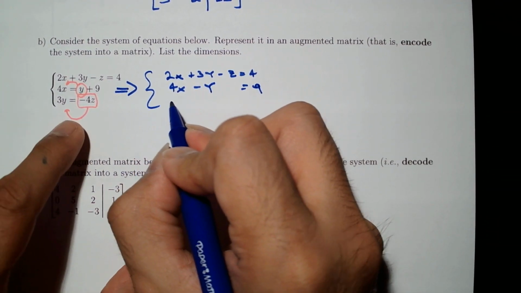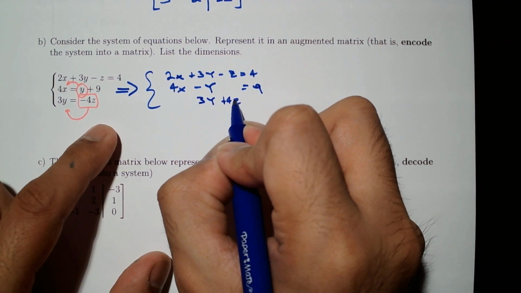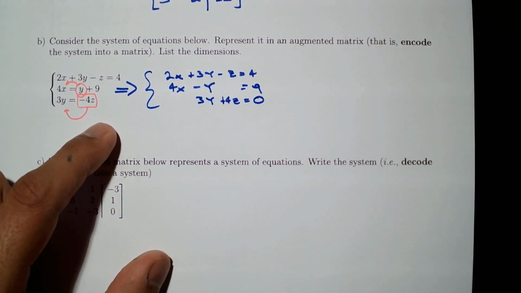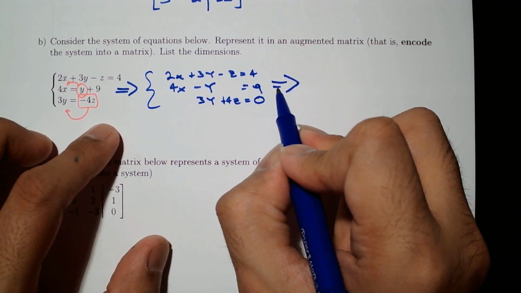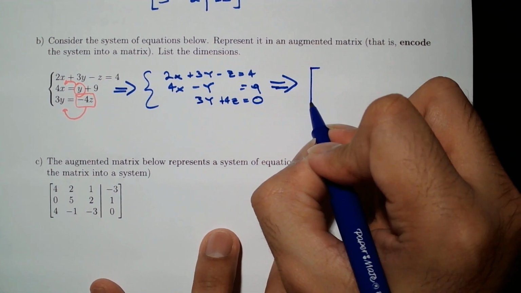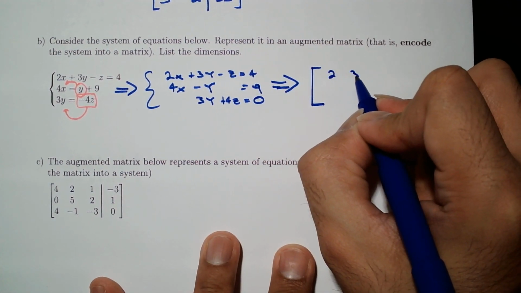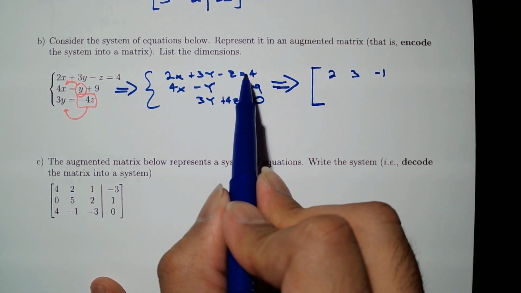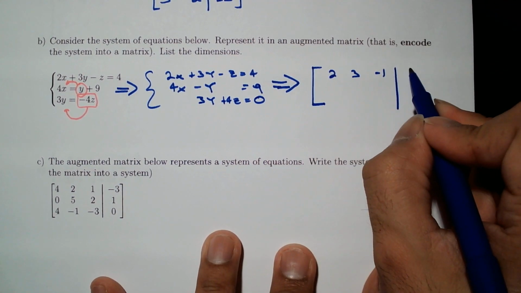Over here I'm going to have 3y plus 4z equals 0, and here we have a 0 in the coefficient of x. So if we encode this into a matrix, we're going to have 2, 3, negative 1, which correspond to the coefficients of each variable, and then the bar for the augmented matrix, and then the constant term.